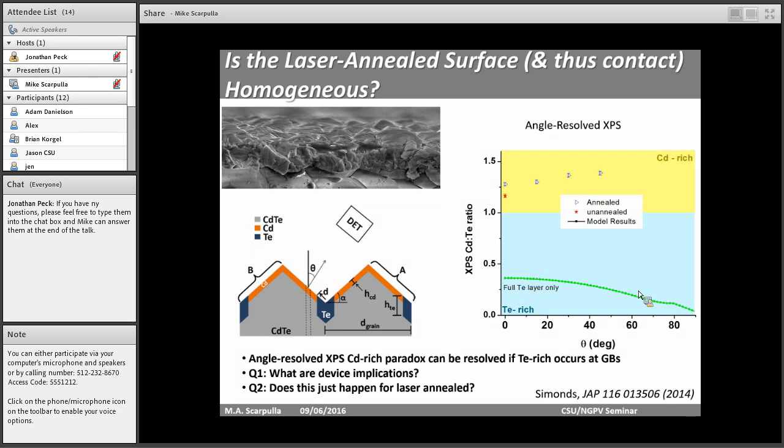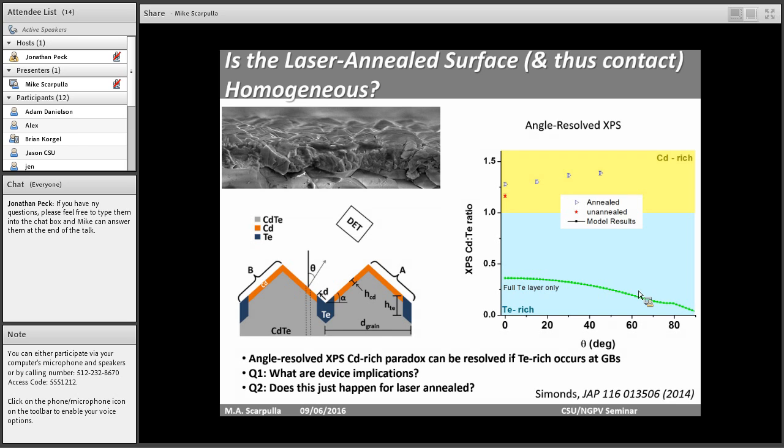Now at grain boundaries, which are shown in the little valleys in between the grains in the model, we said, hey, at those grain boundaries, maybe we lose even more cadmium than we do everywhere else, and you end up with these little pockets of tellurium richness.